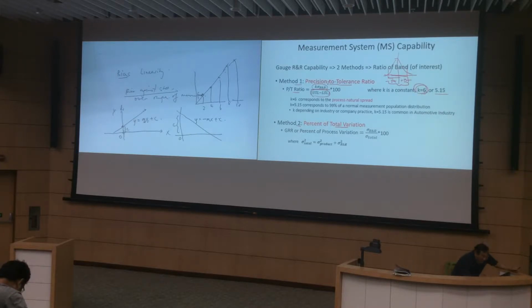Right. When K is 5.15, what does it mean? Divided by 2, right? It's 2.575, so it's 2.58. 2.58, what is it? You remember your standard deviation table?